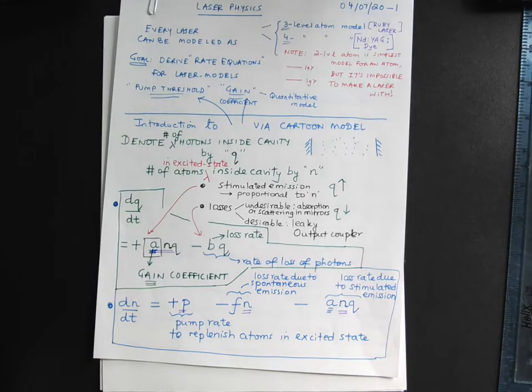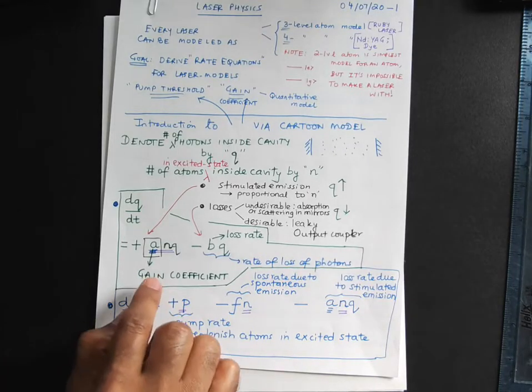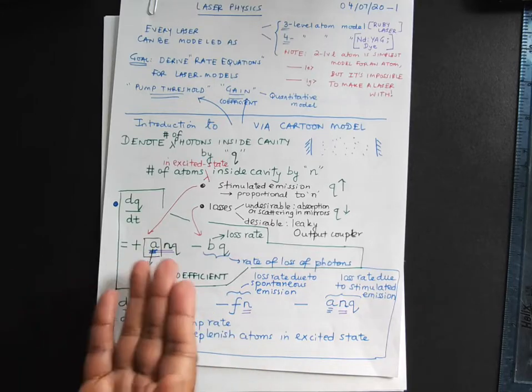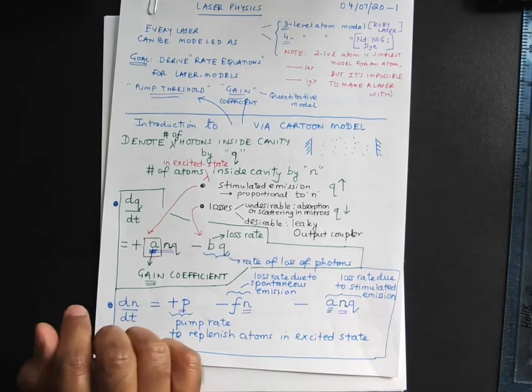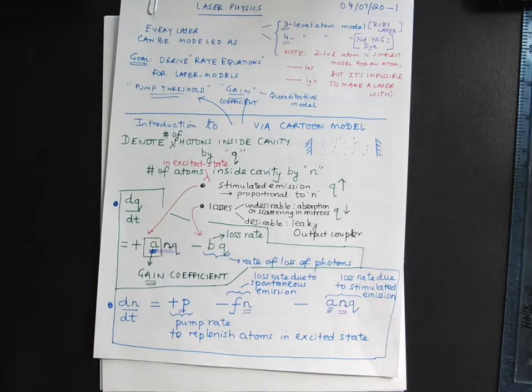Yeah, I'm asking for the dimensions of this A, this gain coefficient. So just by looking at the equation, basically, for example, the dimensions of a volume are length cubed, or a meter cubed. That's what I'm looking for. Or velocity is meters per second, things like that. Does that answer the question?